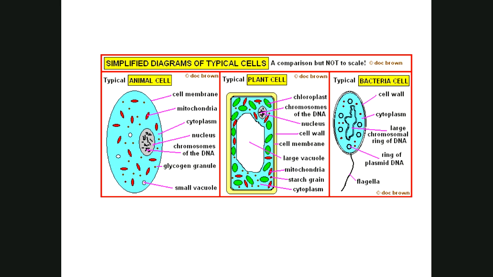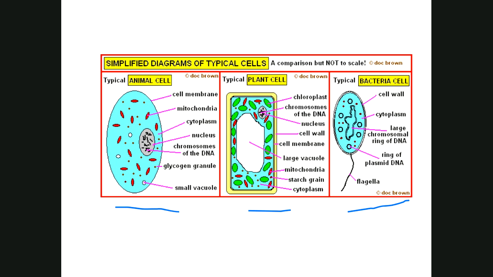Before going to cell division, here you can see the different cells of different organisms. In this area, you can see that this is the animal cell, this is the plant cell, and this one is a bacterial cell. The animal cell looks different from the plant cell, and this is completely different from both plant and animal cells.